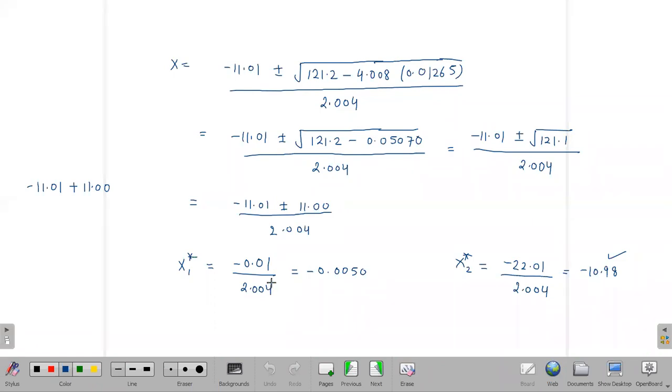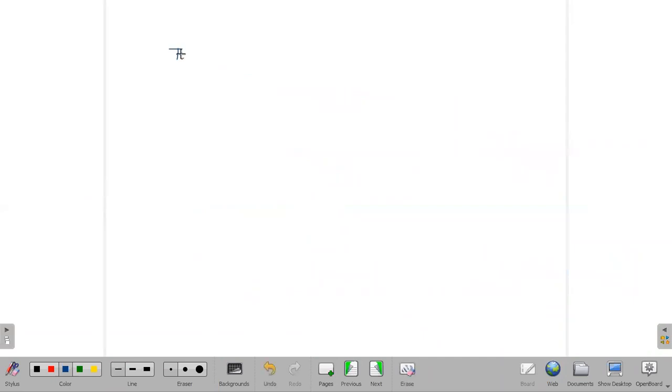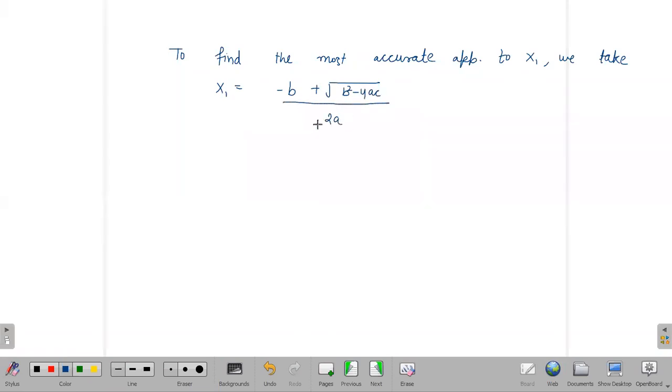So now you have to find the most accurate approximation by rationalizing. To find the most accurate approximation to x1, we take x1 only. We have found x1 by taking the plus sign: minus b plus square root of b square minus 4ac, divided by 2a.